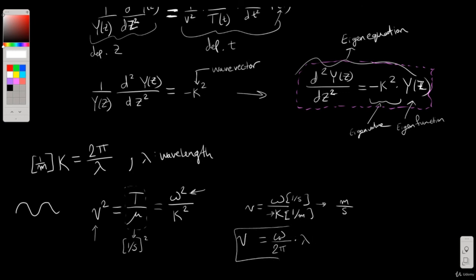And if you convert omega into terms of frequency, so omega is 2 pi f, where f is the frequency, then 2 pi f is equal to omega over 2 pi times lambda, and we end up with the frequency times lambda. So this makes a lot of sense. You have the frequency of the wave times its wavelength. That's going to give you the velocity. So you have meters times 1 over seconds.